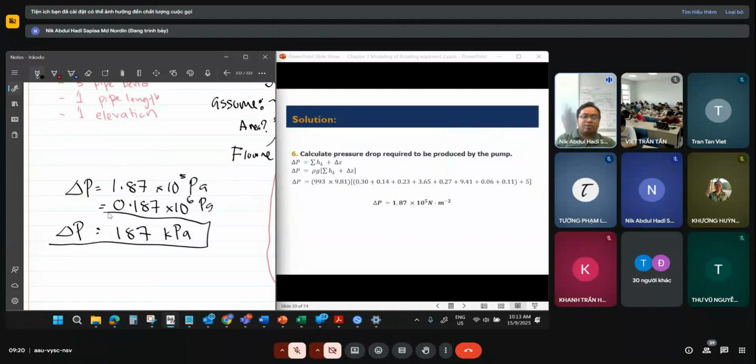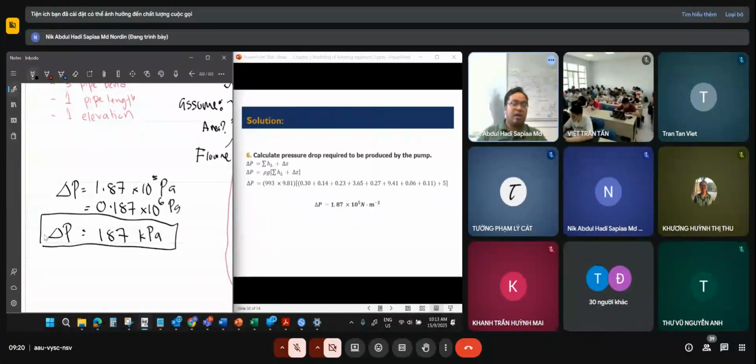So this is the amount of the pressure drop in order to transport from point 1 to point 2.